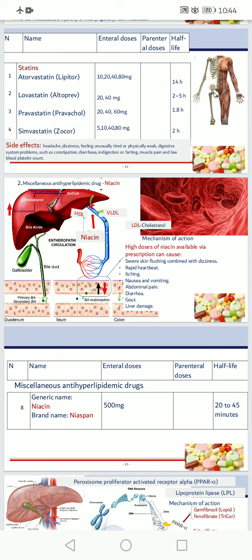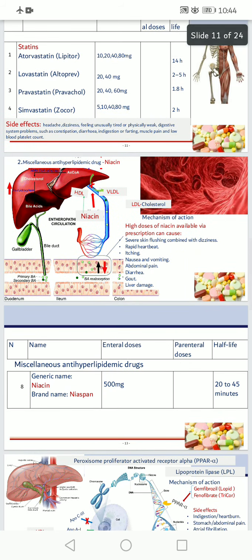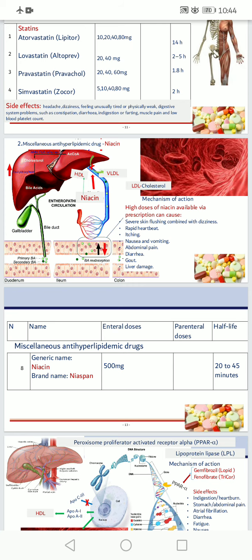Normally the liver uses these fatty acids to make triglycerides, an important component of VLDL. By reducing free fatty acids available for transport to the liver, niacin decreases VLDL synthesis, which in turn decreases the level of LDL. Niacin's increase in HDL works by different mechanisms, which I will tell about.